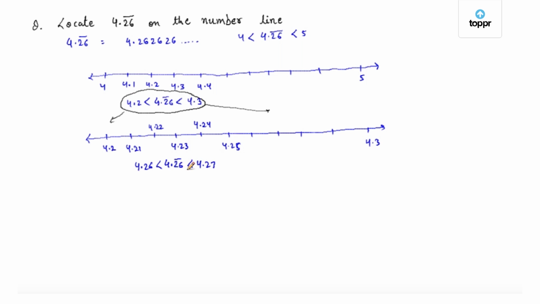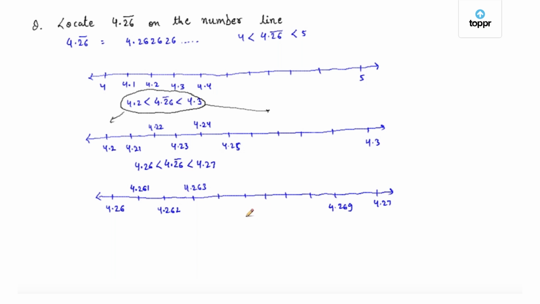So, we will divide it into 10 equal parts, which will give us 4.26 and 4.27 at the extremes, and the portion between them will be divided as 4.261, 4.262, 4.263 and so on up to 4.269.